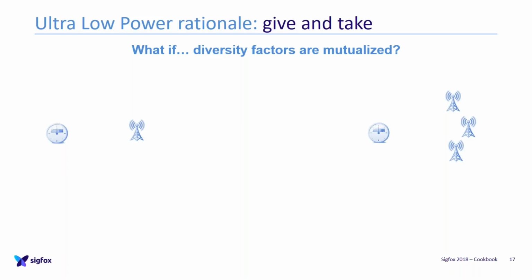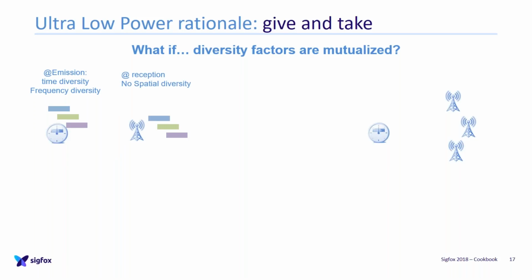Here I'm representing an example with 2 configurations. One device in one case is in the standard low power mode, generating multiple frames, and this one is in sparse network conditions. So the quality of service in the left-hand configuration is mostly driven by the device contribution. In rural conditions, this is typically what happens.